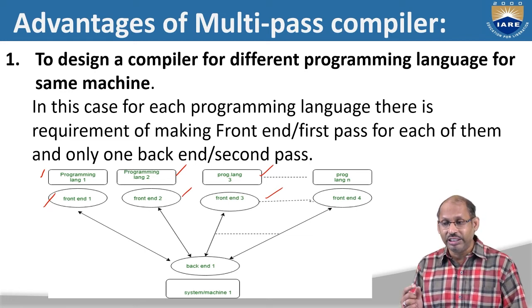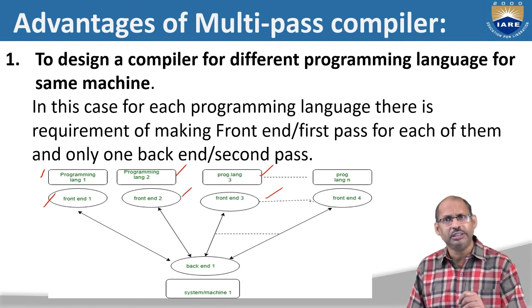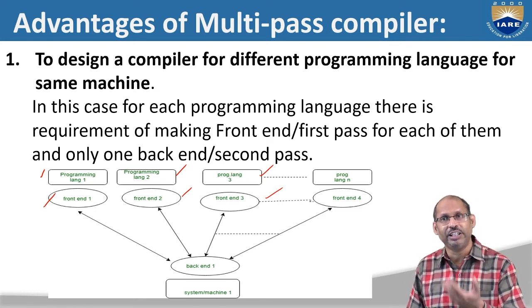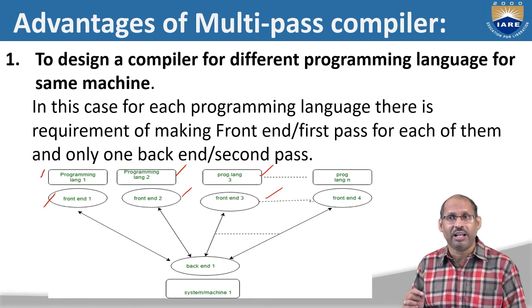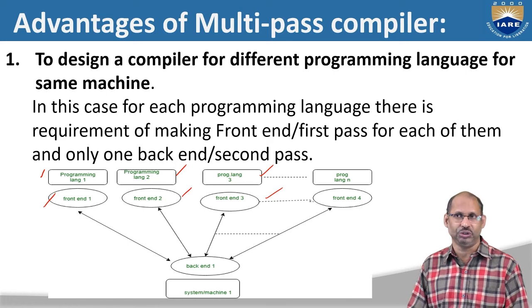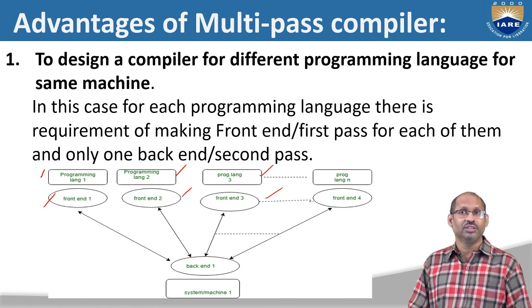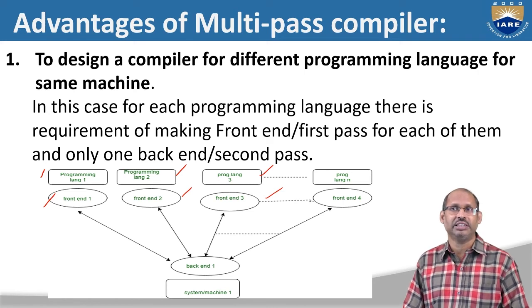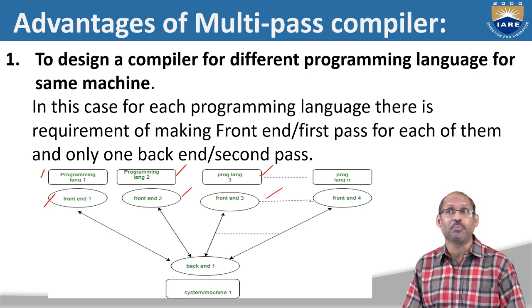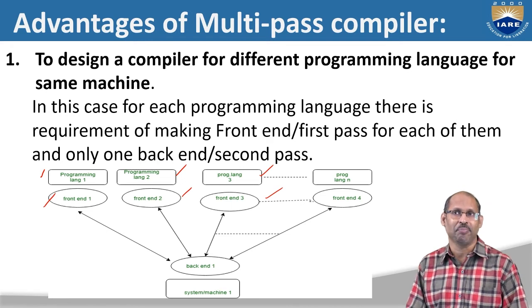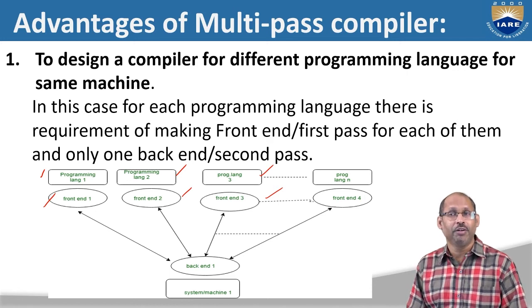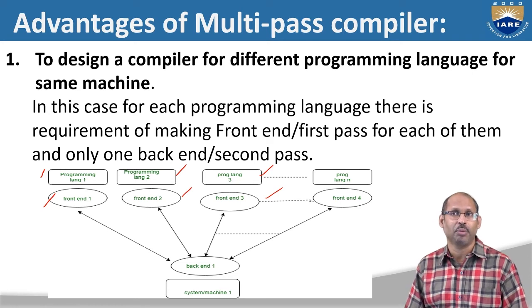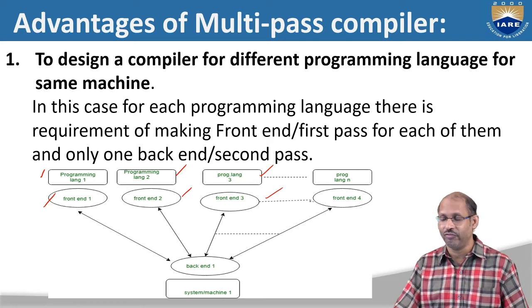If it is only a change in the character set, we only change the lexical analyzer of the front end, so the headache of reconstructing the complete compiler is reduced, right? So that is the advantage of having a multipass compiler. Here we construct different front ends for each different programming language, but we use only one backend.